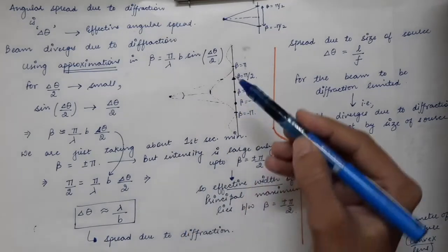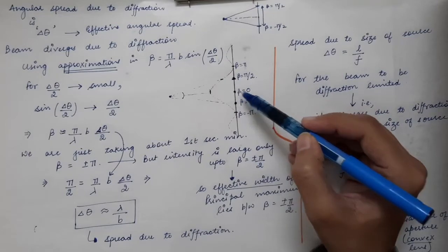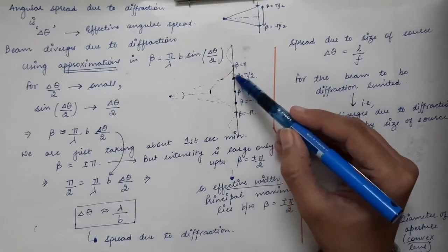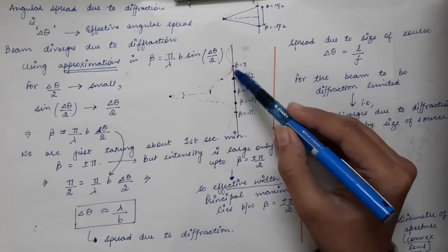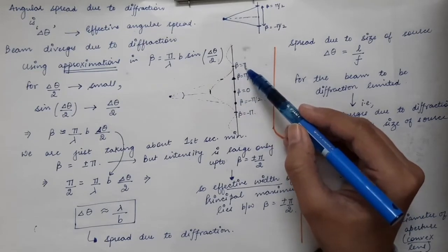The intensity on the screen, as you can see, is maximum at beta is equal to 0, and it continuously decreases as you move in the upward direction as well as in the downward direction, and it goes to 0 at beta is equal to pi.